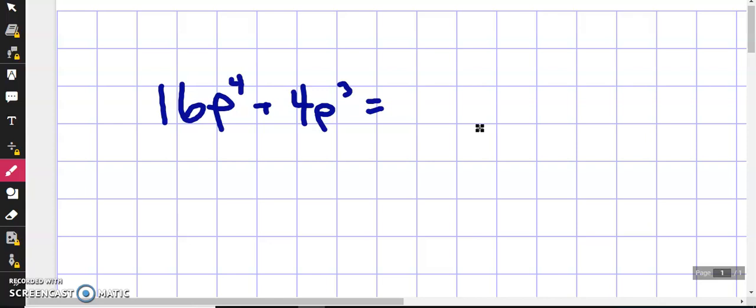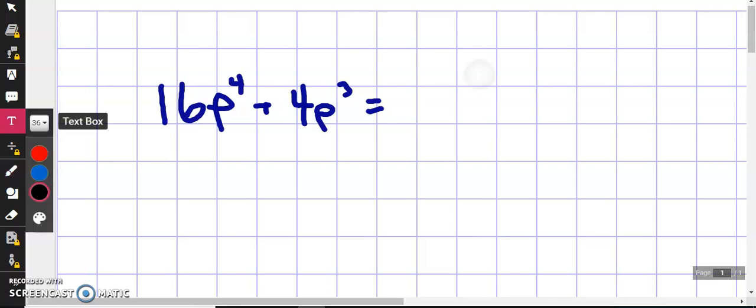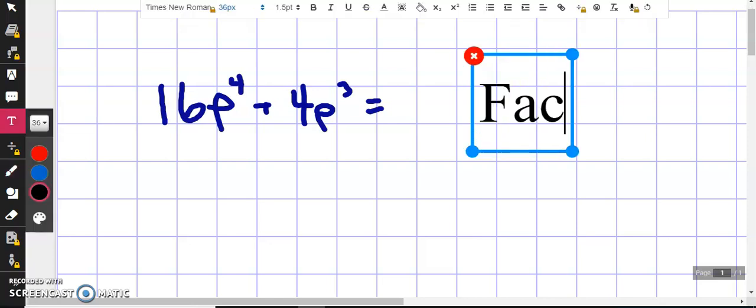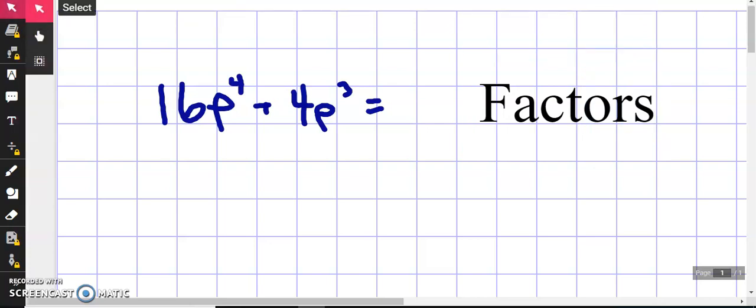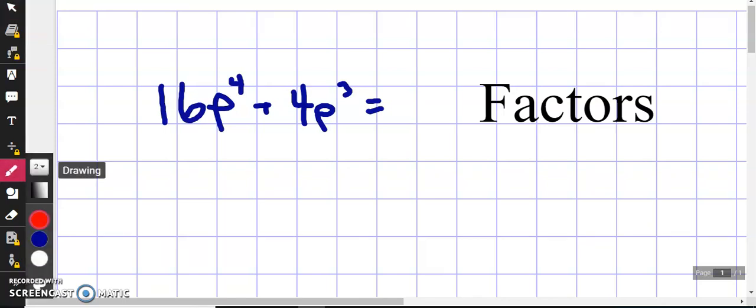So remember that factors are numbers that multiply to make another number. So, for example, if I was asking you for factors of 15, you would tell me 3 and 5 because 3 times 5 equals 15.